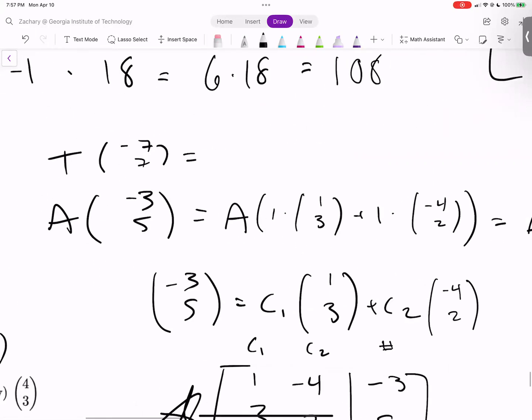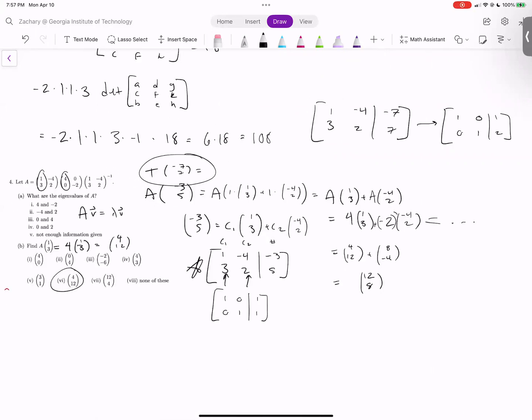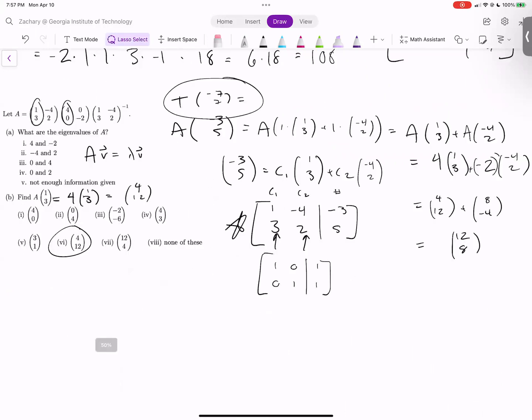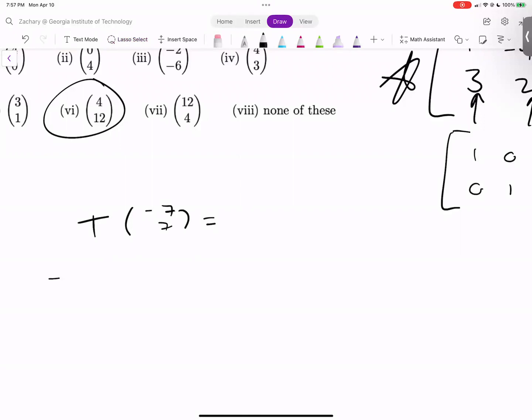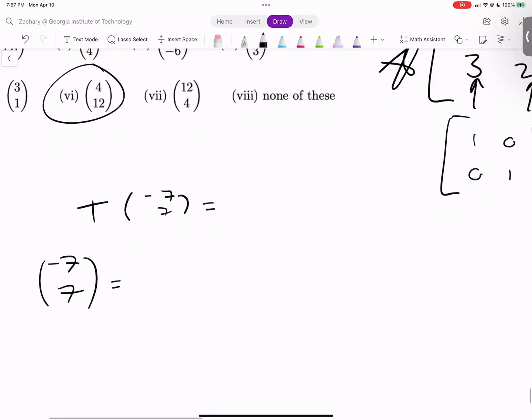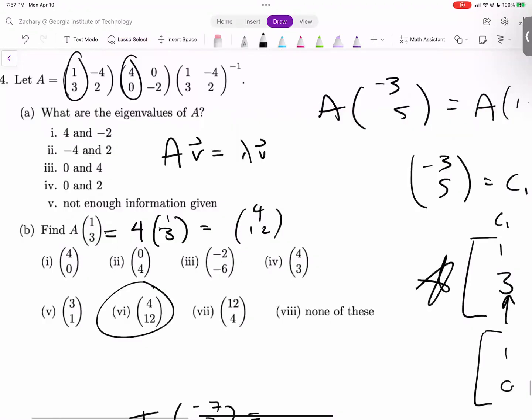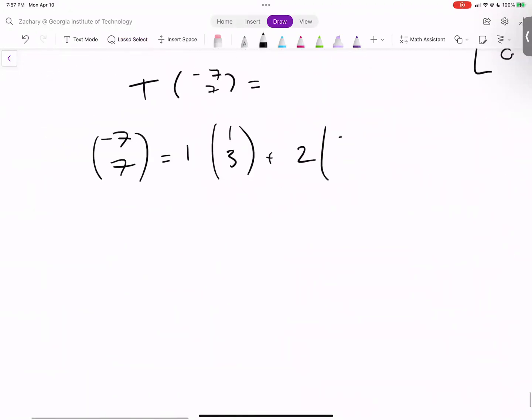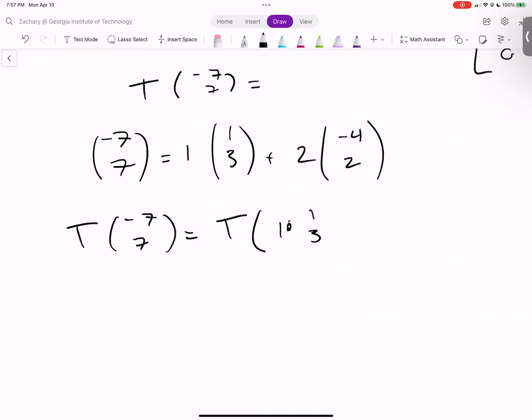So from here, we know (-7, 7) is equal to 1 times (1, 3) plus 2 times, what was my other vector? (-4, 2). So T of (-7, 7) is equal to T of 1 times (1, 3) plus 2 times (-4, 2).